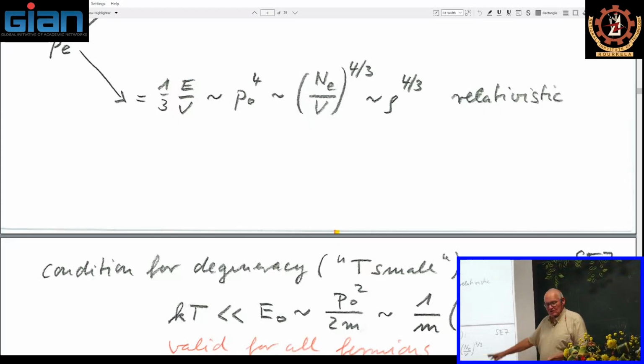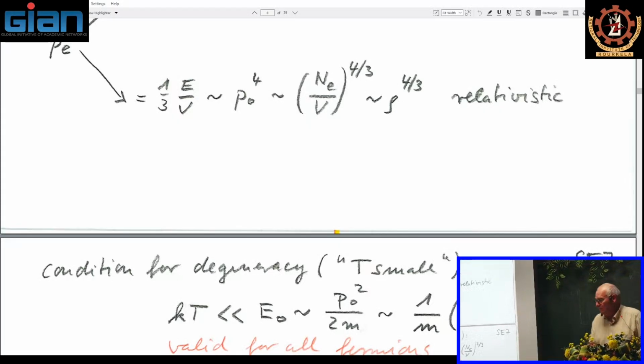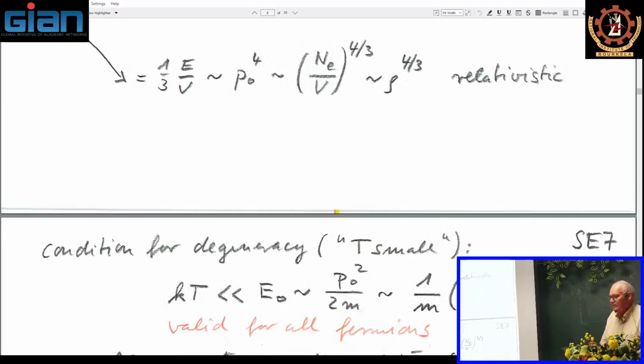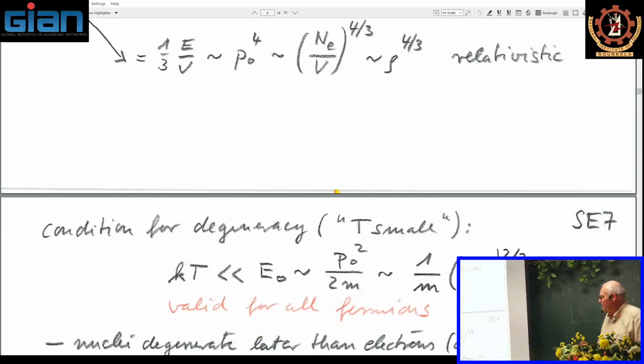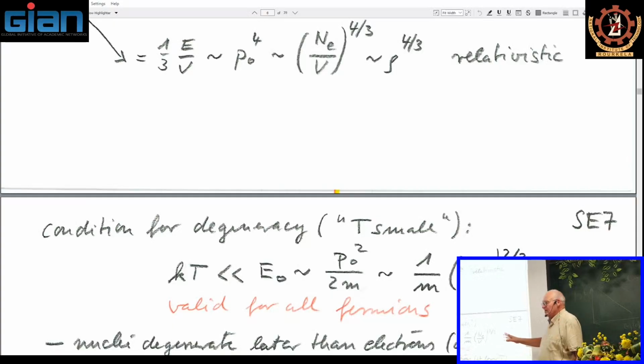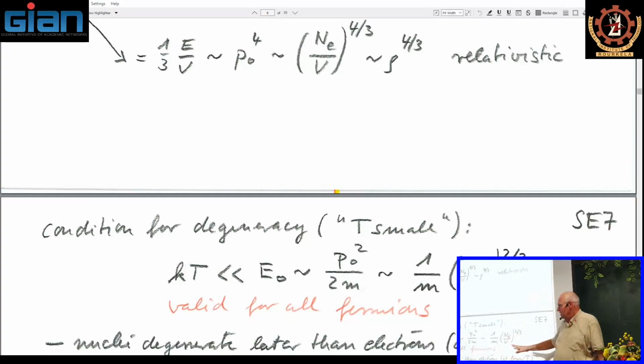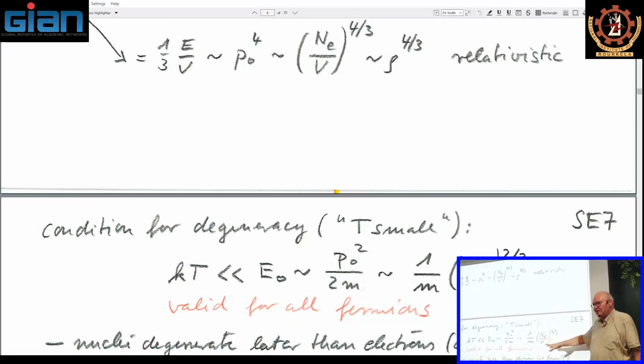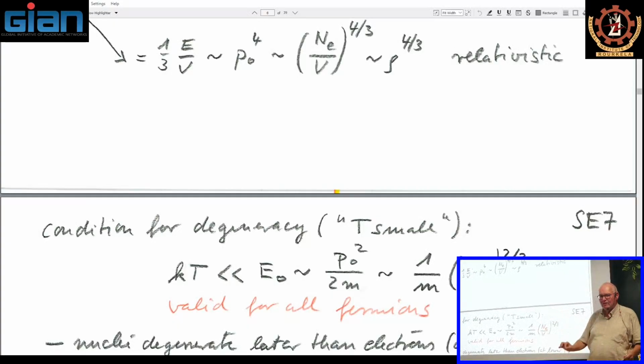This relation actually is valid for all fermions. What you deduce from this relation is that the onset of degeneracy comes later for more massive particles. The degeneracy condition is satisfied later for more massive particles than for less massive particles.